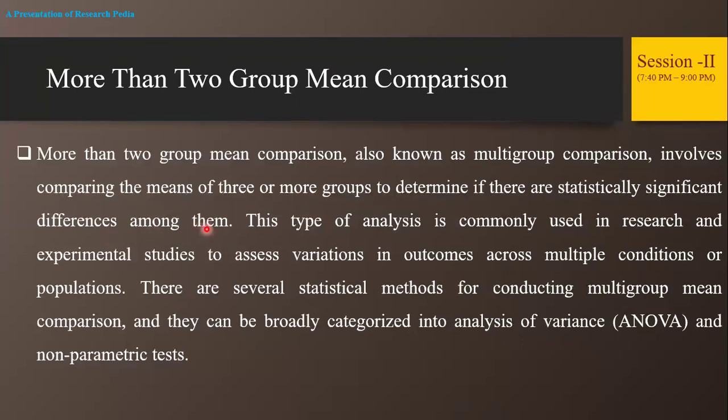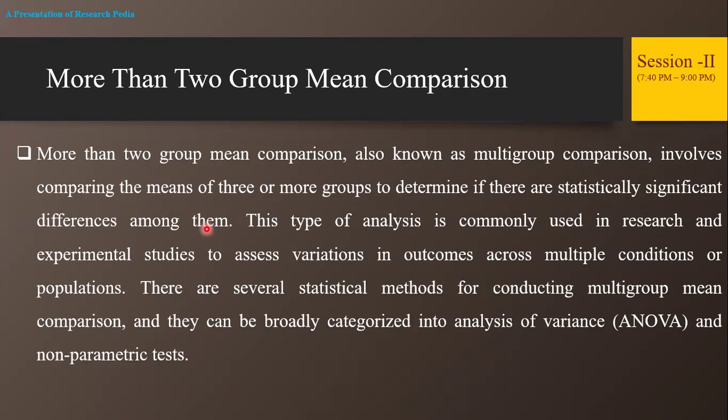If you recall, our first session on mean comparison was the comparison of a single group with a standard value, the previous one was the comparison of two independent groups, and this is the comparison of three or more groups.